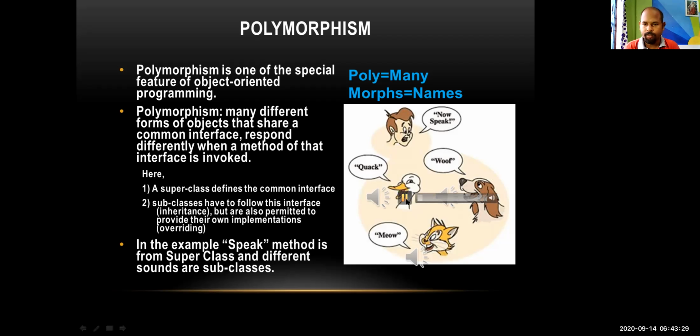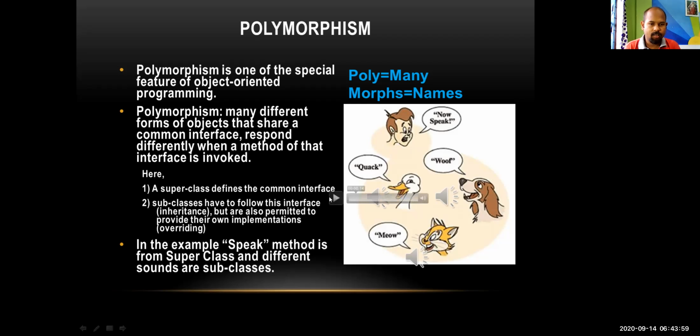This is the wolf sound. And this cat will respond in this way. So when this instruction comes from the person that speak, then different animals will act differently. So this is the whole meaning of polymorphism.